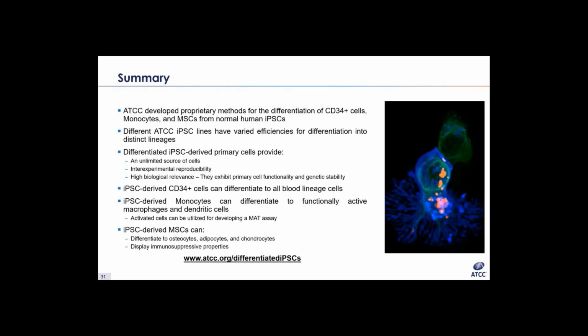So these are not iPSCs that we've differentiated, not the iPSCs that we're talking about today. But our R&D group, I should say, did actually do that to create neural progenitor cells, which we do sell.